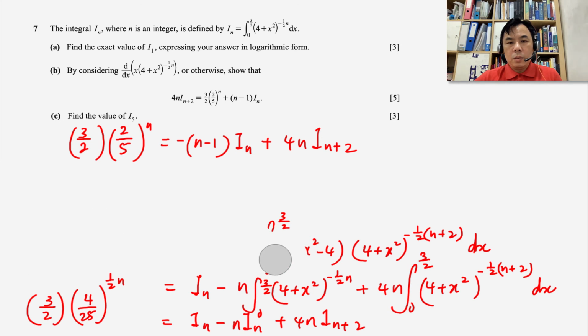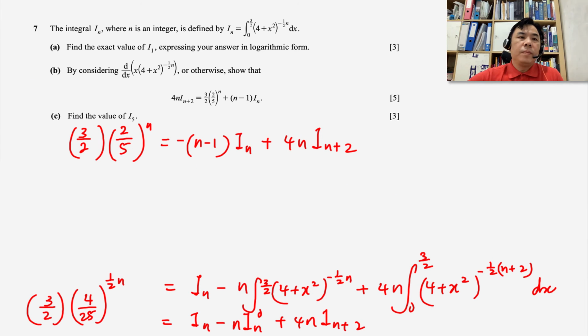Okay, now I'm going to pause. You can check at this point. And then we are almost done. All you need to do is just collect all the terms on the right hand side and compare with the right hand side.